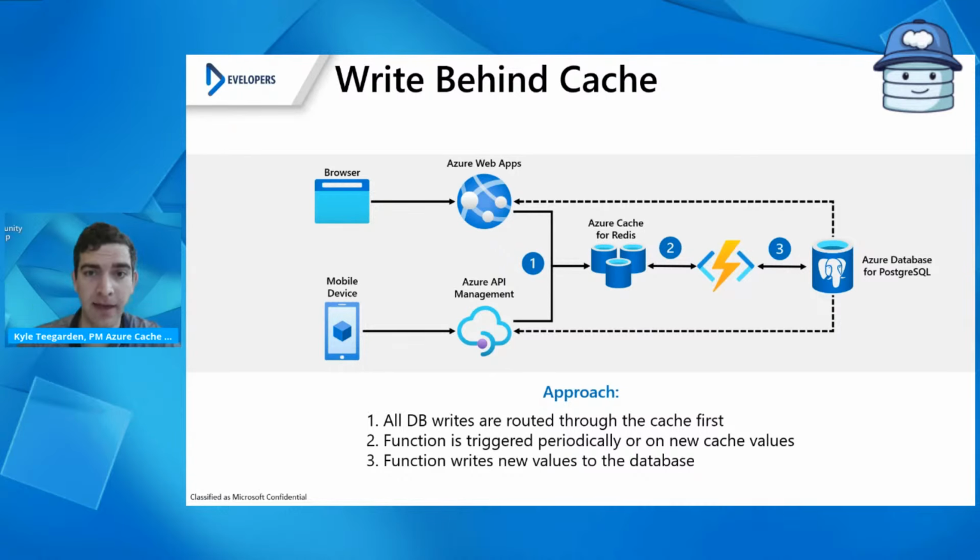It just writes to the cache. And then the cache, using the serverless function, handles asynchronously writing that data to the database. So the idea here is, I write to the cache, the function's triggered on that set command, and then the function writes new values to the database.